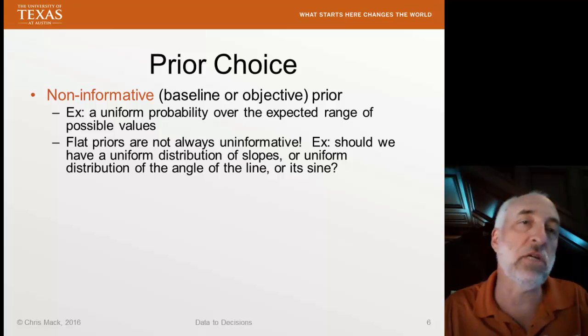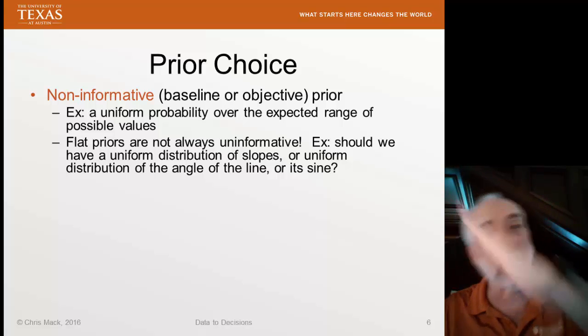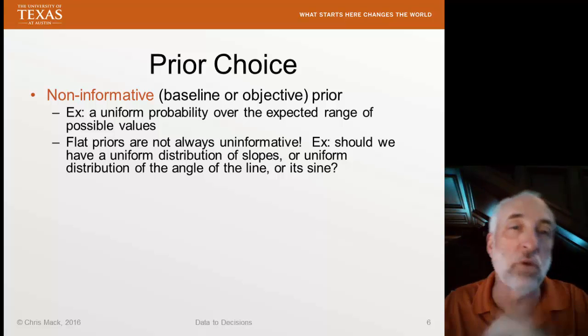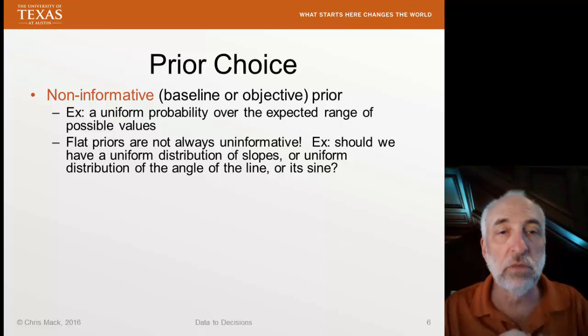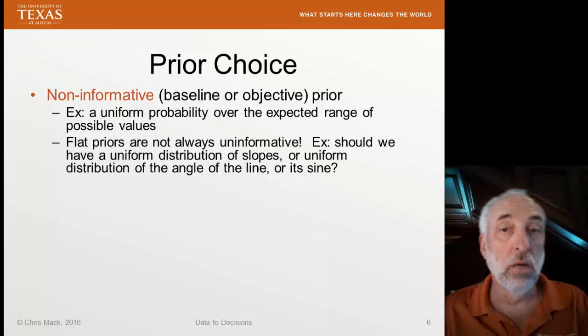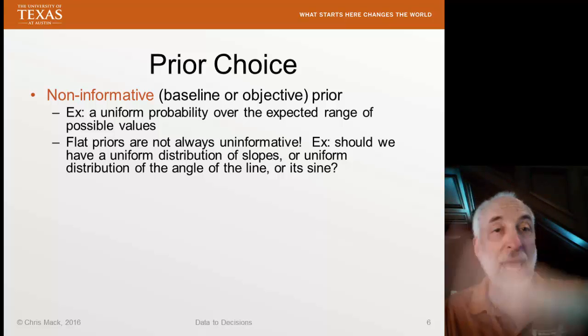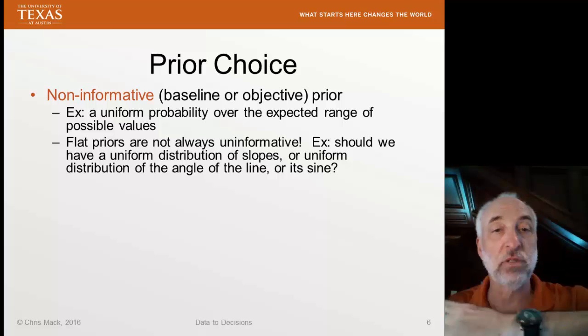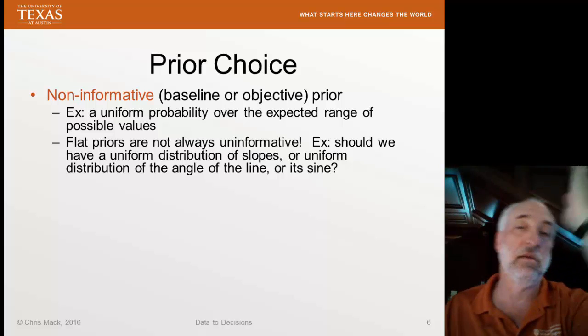All right, so suppose we have a linear regression with a straight line. Our model is a straight line. Well, we can say the slope has a uniform prior distribution over some range of slopes, maybe even all slopes from minus infinity to infinity. But I could also think about an angle of the line. Say, well, there's a uniform distribution of angles, minus 90 to plus 90.